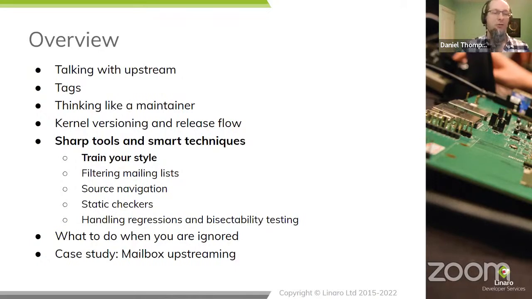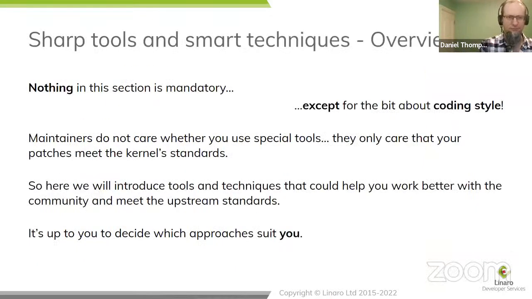We're now going to talk about a variety of different tools and techniques. There is an introductory slide to tools and techniques, and that is that absolutely nothing about tools and techniques is mandatory, except for a couple of comments I'm going to make about coding style. Other than that, maintainers don't care which tools you are using behind the scenes to produce high quality patches.